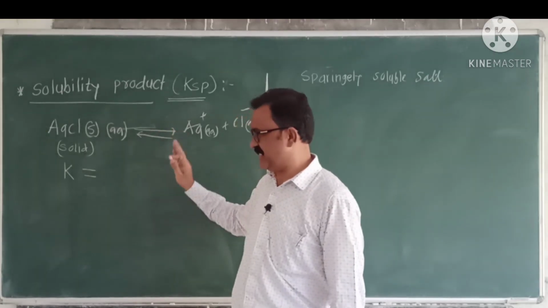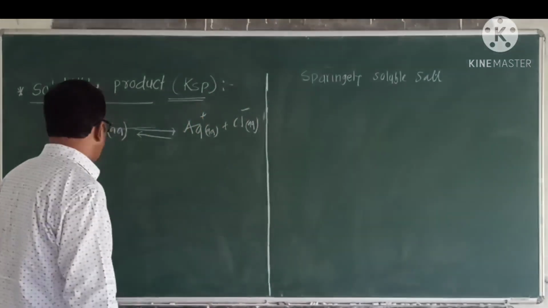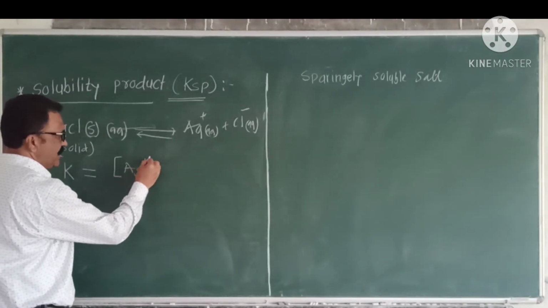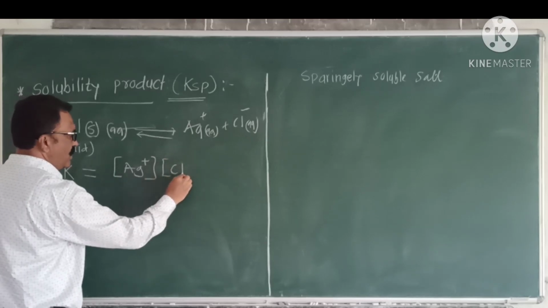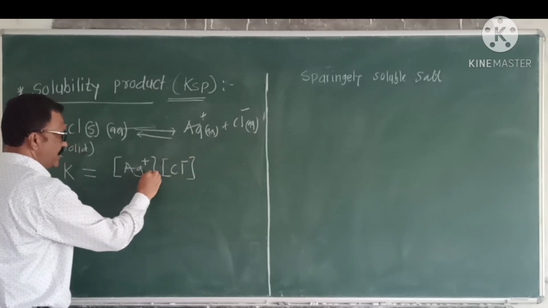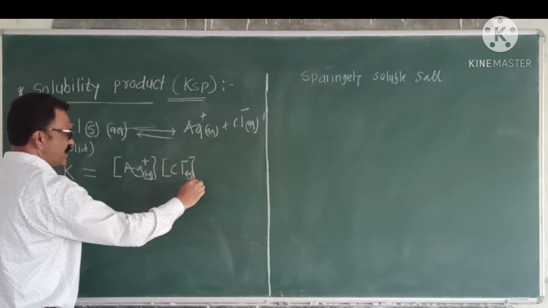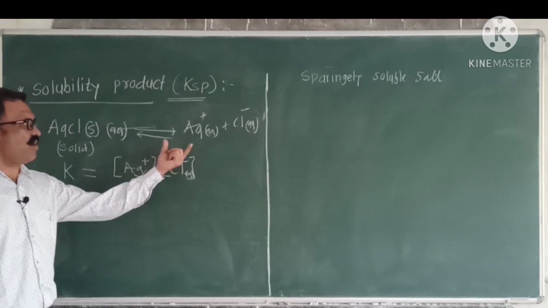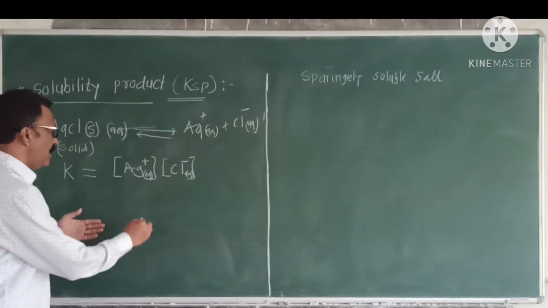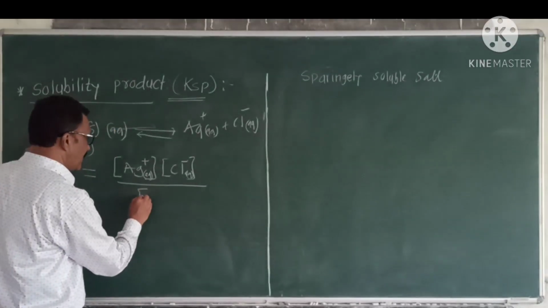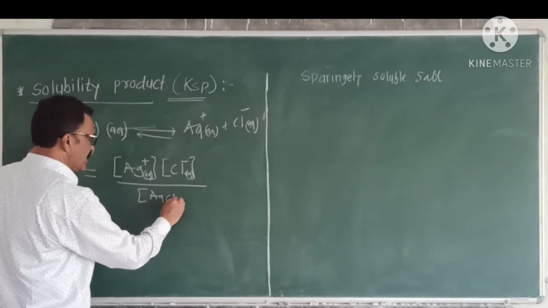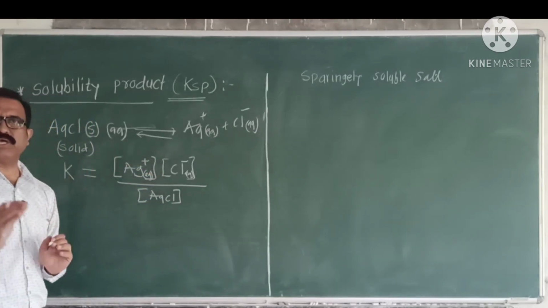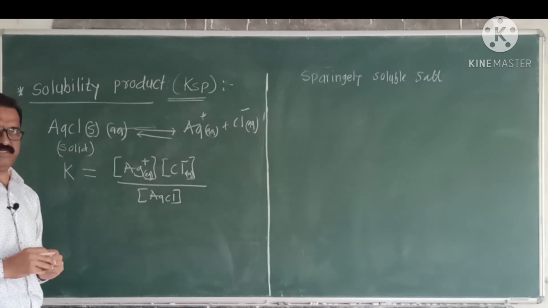And for such a reaction, the equilibrium constant K is equal to a concentration of Ag plus ion into a concentration of Cl minus ion, which are present in aqueous state, divided by the concentration of reactant AgCl, silver chloride. This ratio is known as an equilibrium constant.